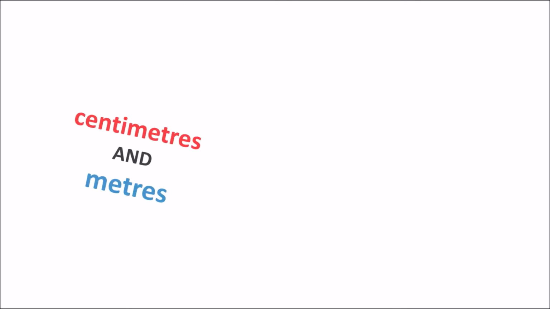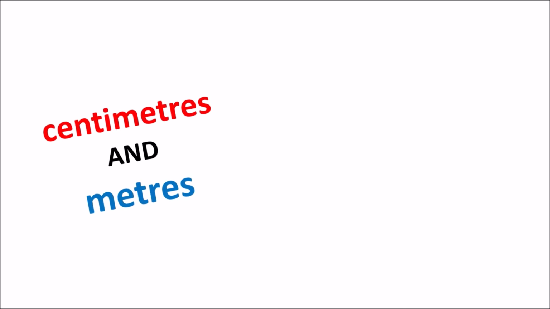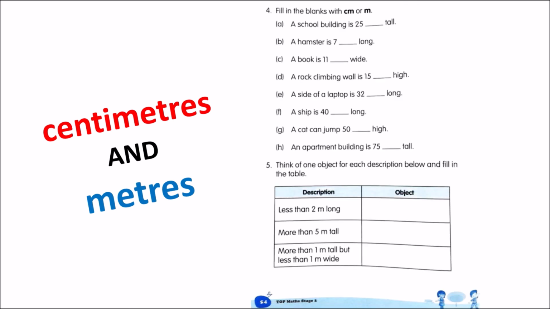Okay, grade 2. So today we learned about centimeters and meters. So now you're going to be able to do the last page of your worksheet. And this page has centimeters and meters. Let's do some together.